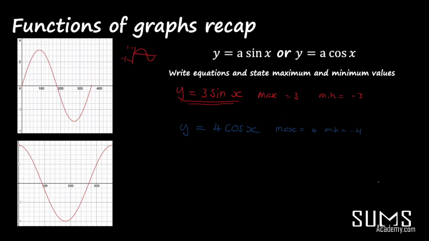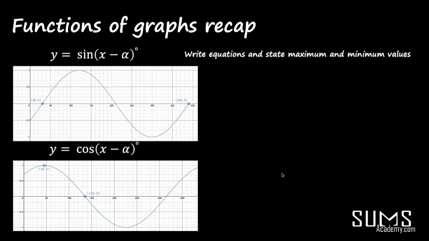Cool. So next part. We're told to write the equations and state the maximum and minimum values of these functions here. But these come in the form of y equals sine x minus alpha, right? So they've been shifted by this angle alpha.